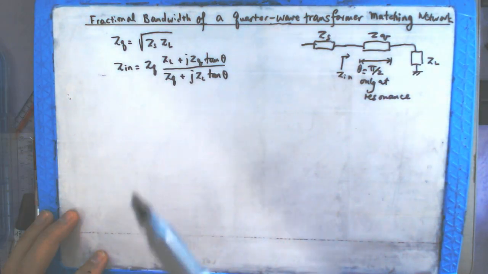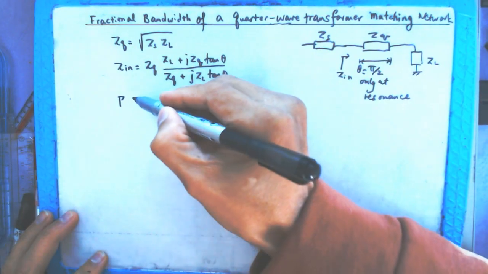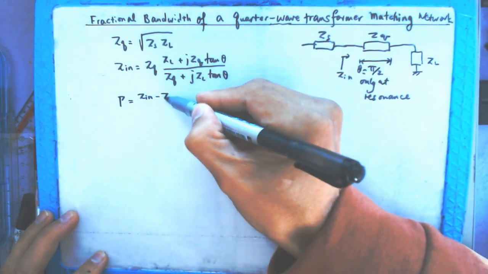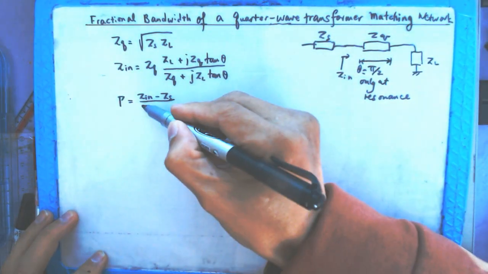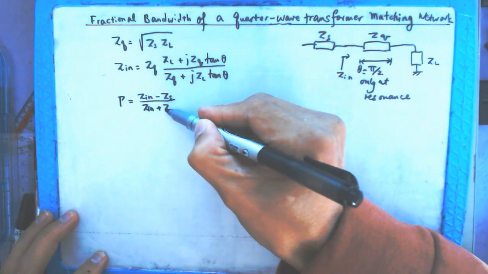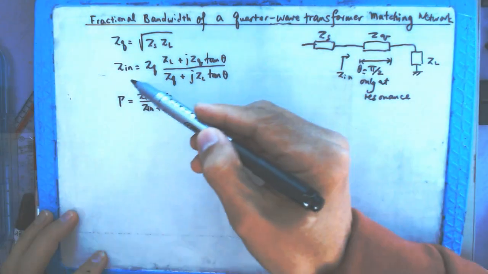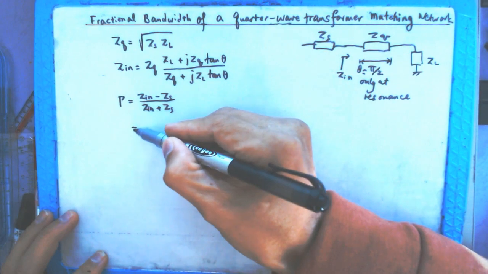So now we need to find out the reflection coefficient, which is given by the difference, Zin minus ZS. We all know this. What we need to do is substitute Zin into this formula.